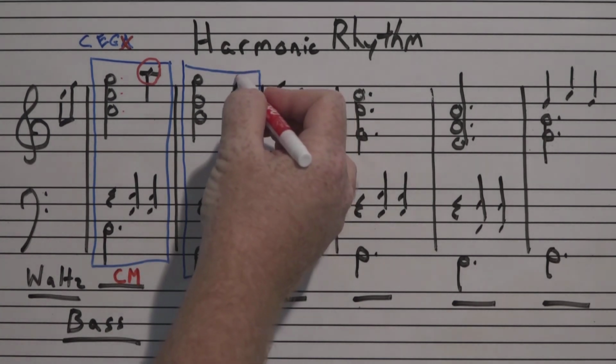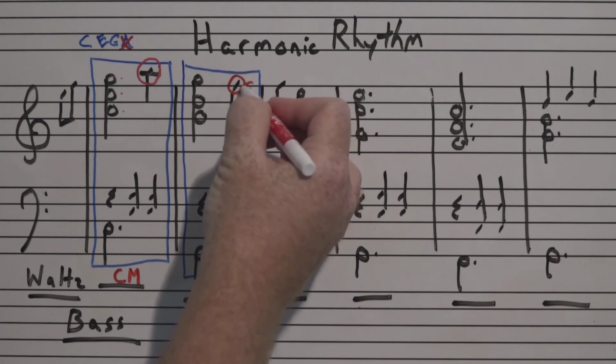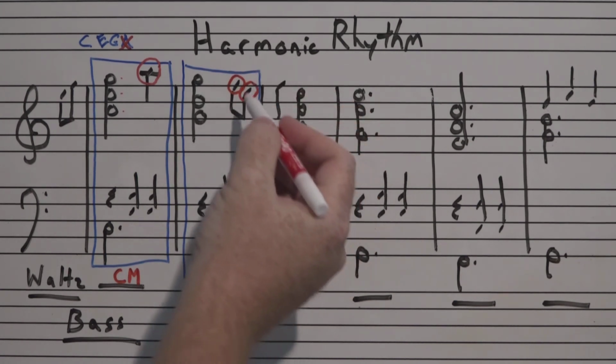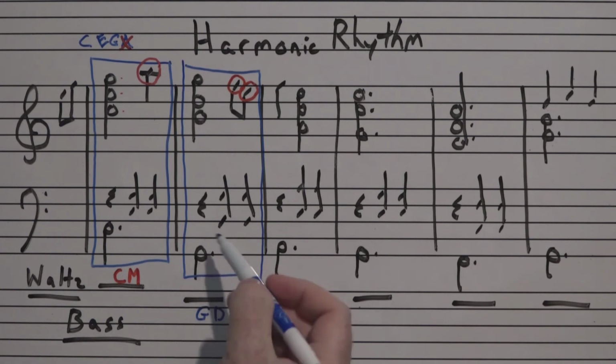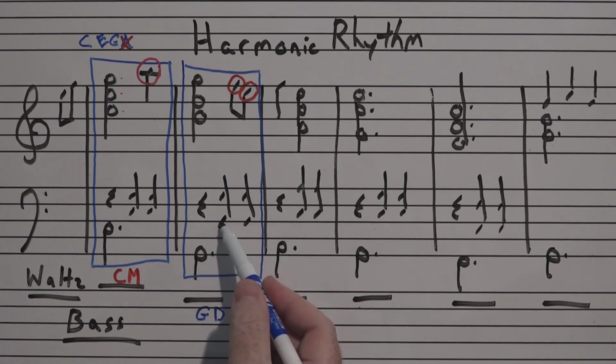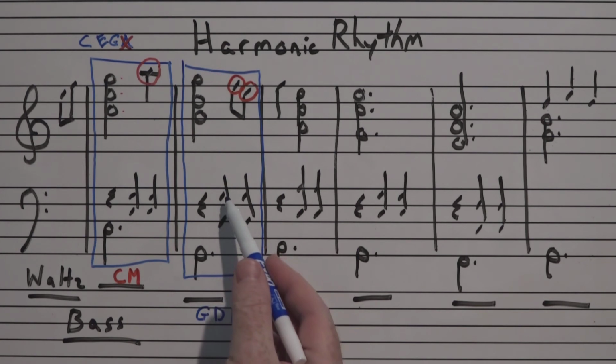So let's circle those. And circling it calls it a non-harmonic tone. And we're not going to include that in our analysis. We're just going to include G, D, and B. And notice right now, it's not stacked in thirds. Notice between G and D is a fifth, D and G is a fourth.